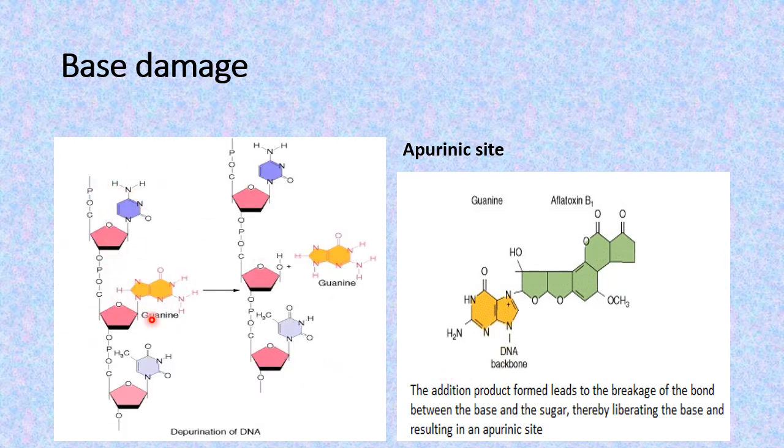This is the normal backbone with these nitrogen bases, and now if aflatoxin is added to such a DNA, it will break this bond. So we will get a DNA molecule which lacks one of the purines. This site is referred to as a purinic site, and this type of DNA molecule is known as depurinated DNA.